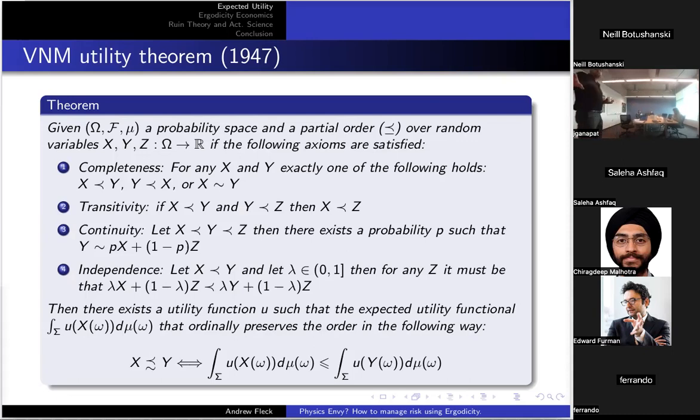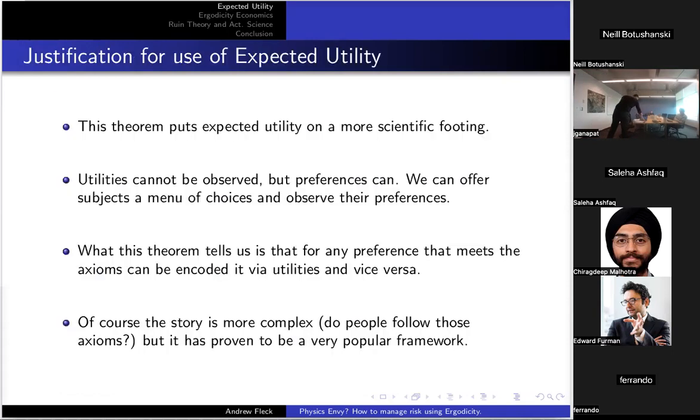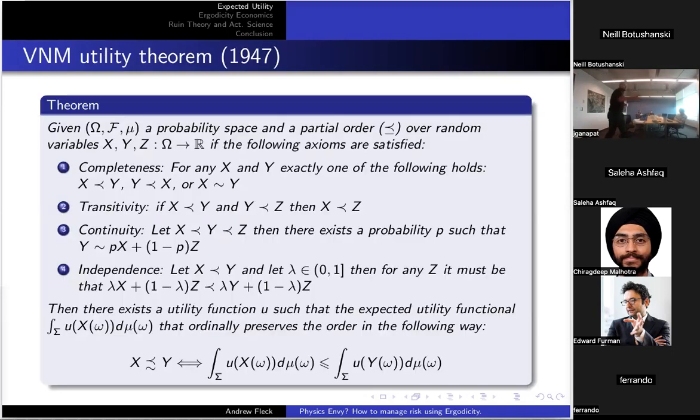They then said, if we have this set of axioms over preferences, then we can show that you'll be able to map your preferences onto expected utility and vice versa. So if I prefer one gamble to the other, then my expected utility functional for the first will be greater than the other. And this was huge because you can actually observe people's preferences.